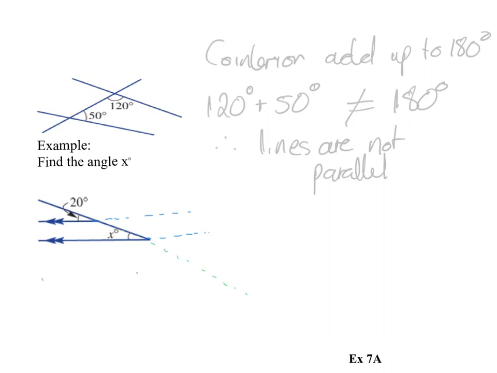So you've got two parallel lines with the transversal going down, and hopefully what you can see here is that you are dealing now with an angle on the same side of the parallel line, on the same side of the transversal, so they are corresponding angles. And what do we know about corresponding angles? We know that they are equal. So x is equal to 20 degrees.